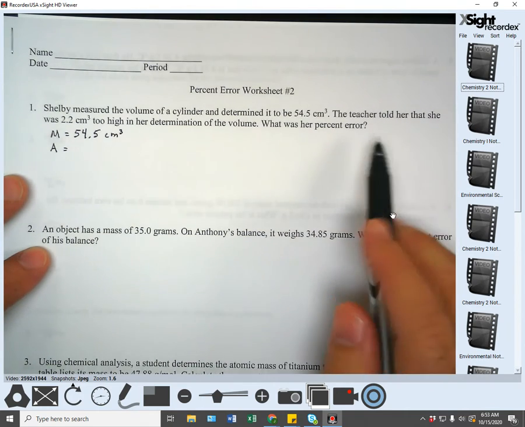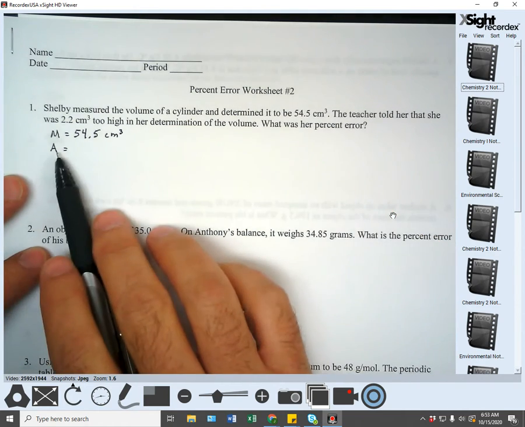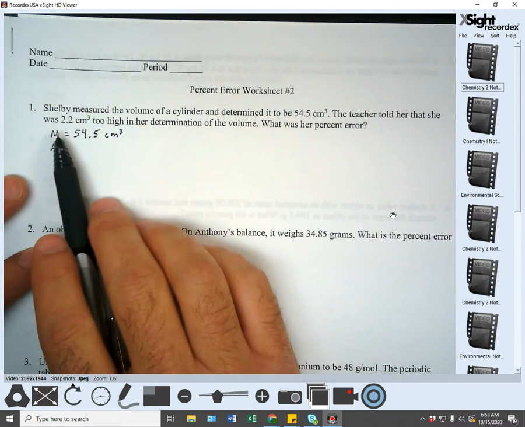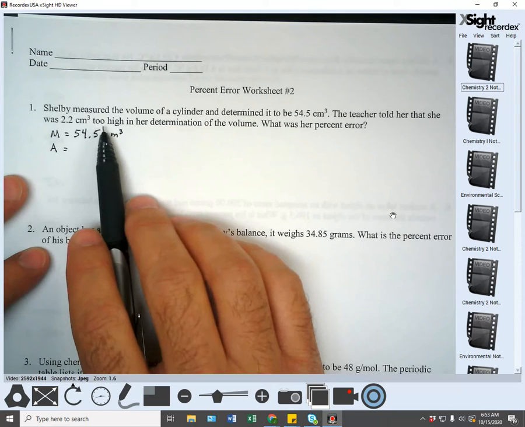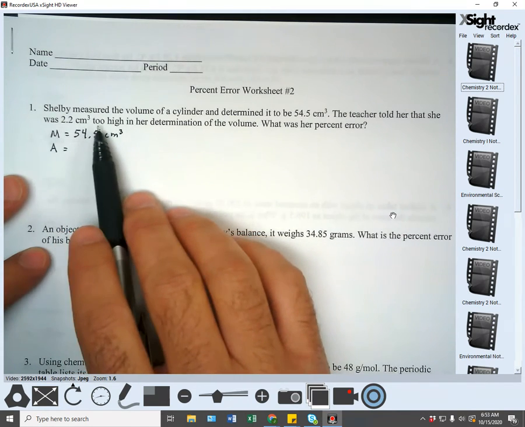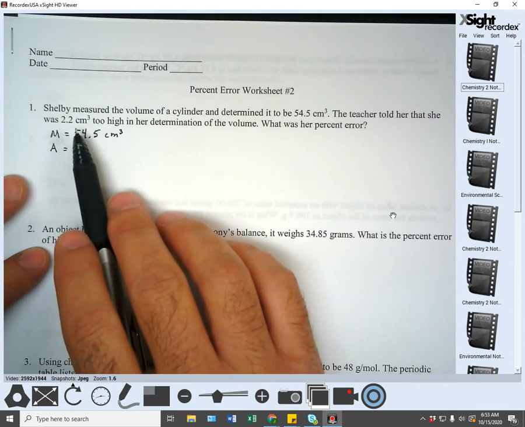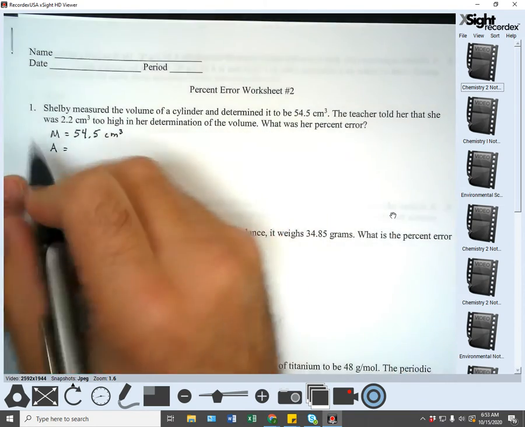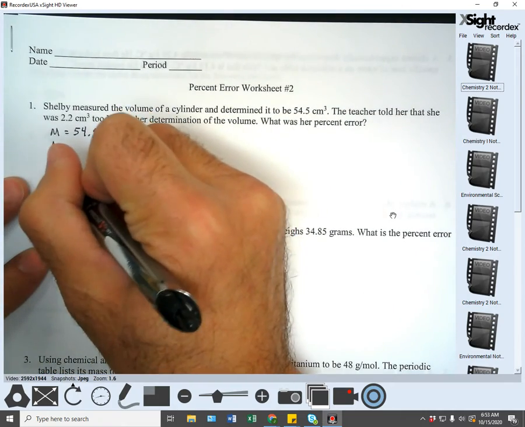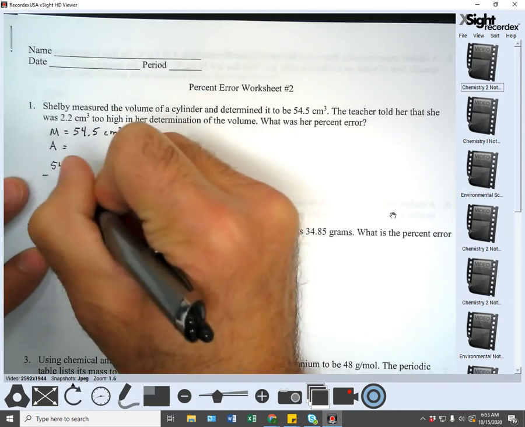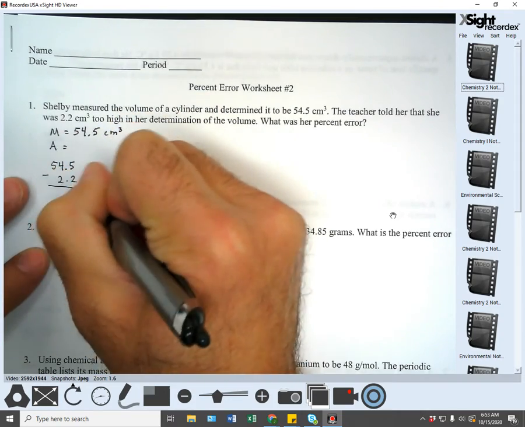So, for example, in this one, we still need the actual value to do this. It says the teacher told her that she was 2.2 centimeters cubed too high. So that means that the actual was 2.2 centimeters cubed lower than what she got. In order to figure out what the actual is, we're going to take 54.5 and subtract the 2.2.